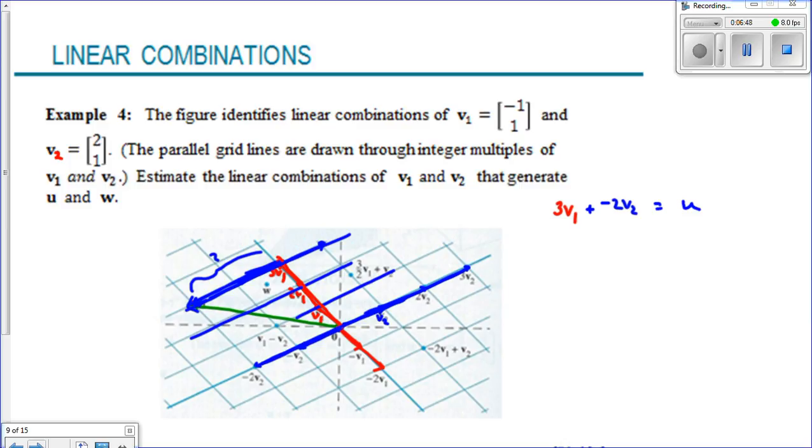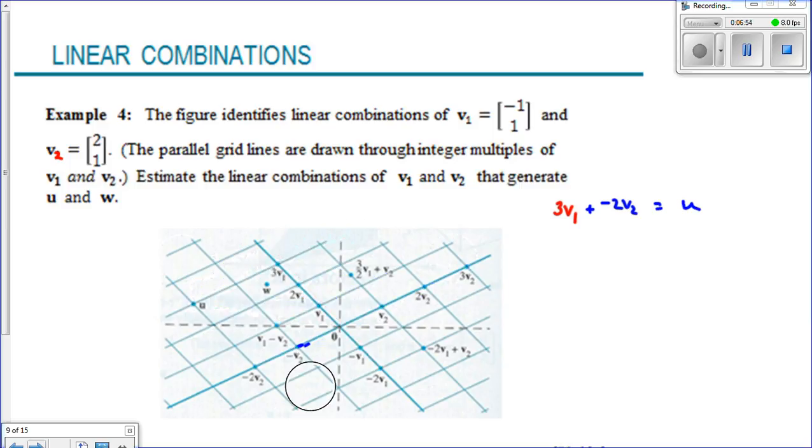Okay, now let's look at w. Where is w here? Okay, here's w. Let me get rid of all these other lines. W is here. And I want to figure out how many v1s and how many v2s would be needed to create w. So it's going to be a linear combination.